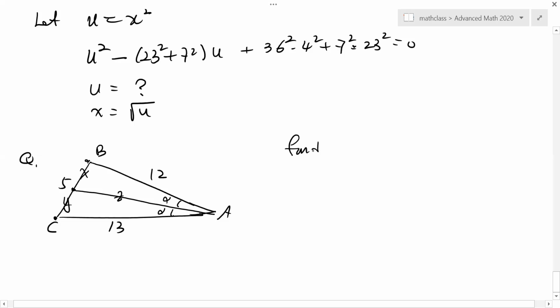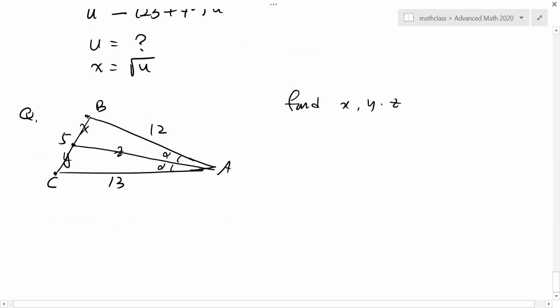Find X, Y, Z. Okay, step by step. And you can even find the area of each triangle.